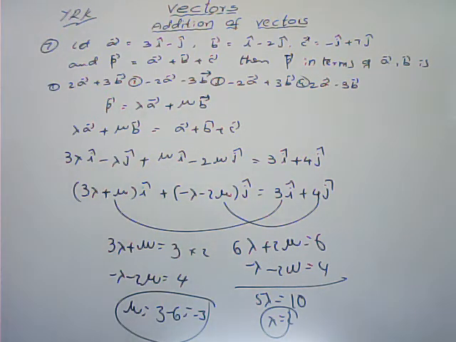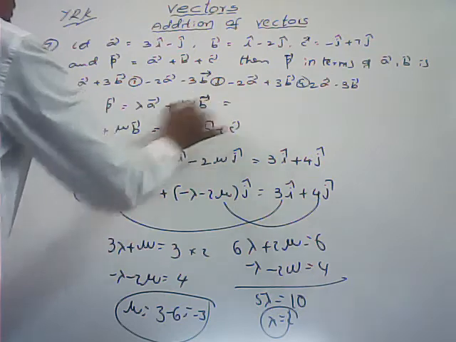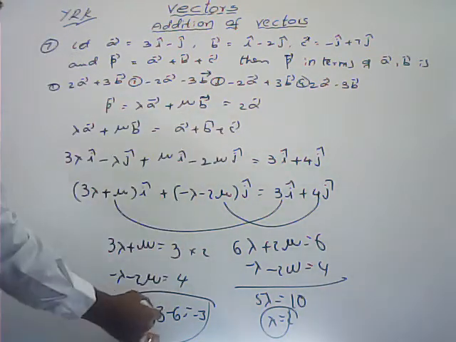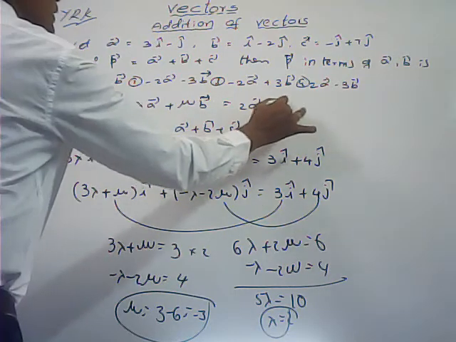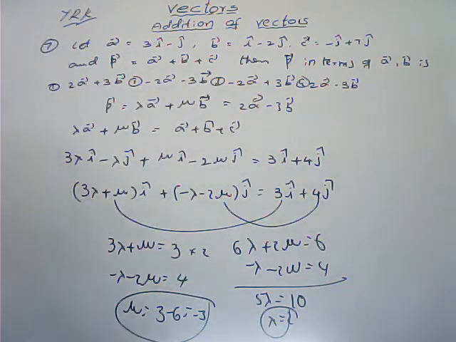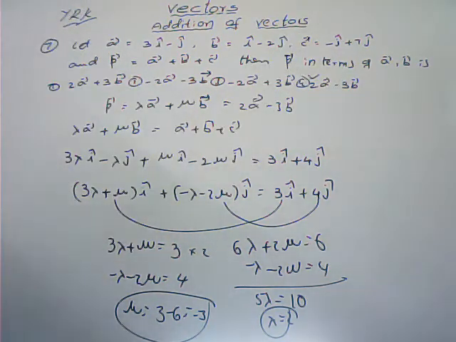Lambda is equal to 2, mu is equal to minus 3 I got. So 2 A bar, minus 3 B bar. So here I expressed the P bar in terms of A bar and B bar. So here the fourth option is the correct one.